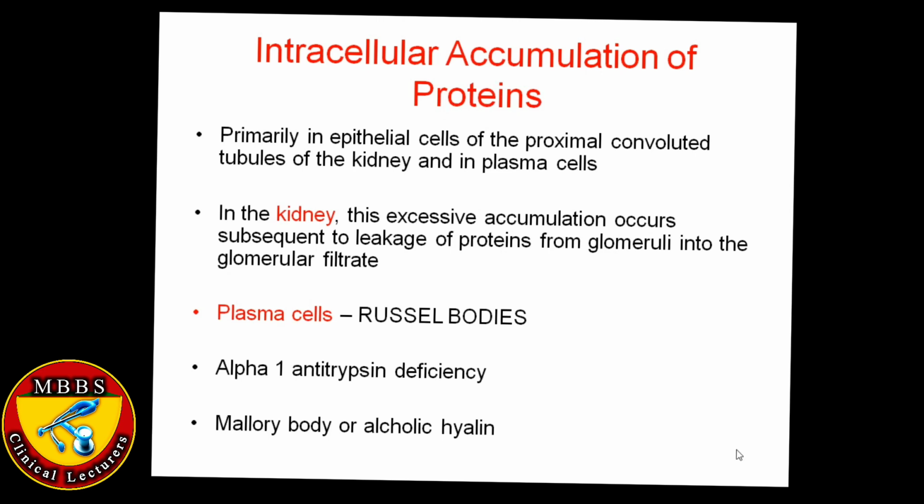Intracellular accumulation of protein occurs primarily in the epithelial cells of the proximal convoluted tubule of the kidney and in plasma cells. In the kidney, this excessive accumulation occurs subsequent to leakage of protein from the glomeruli into the glomerular filtrate. We call these Russell bodies, alpha-1 antitrypsin deficiency, and Mallory body or alcoholic hyaline in the liver.